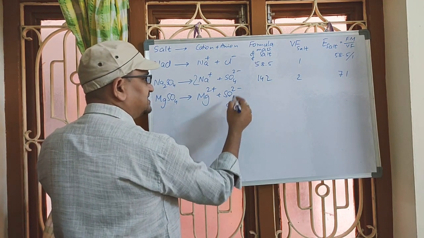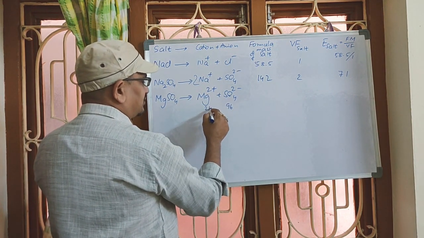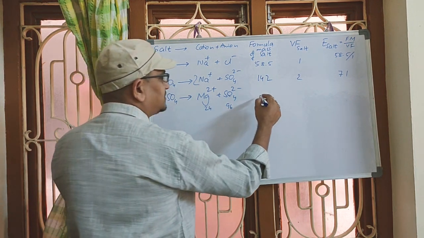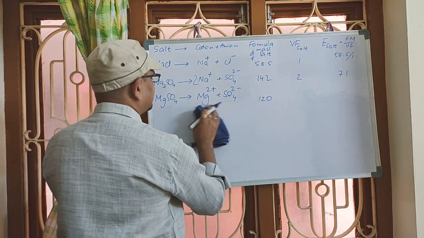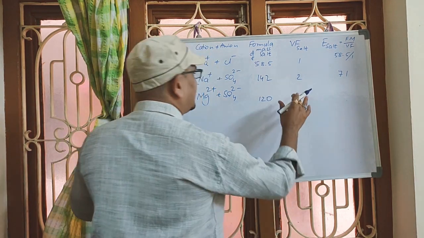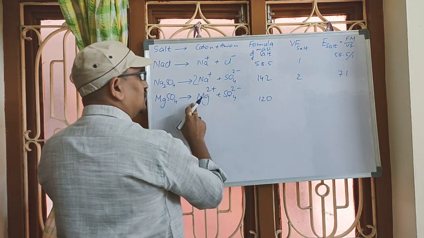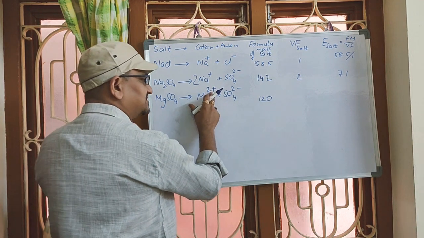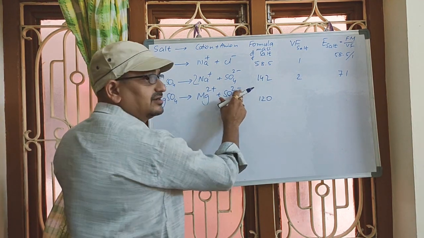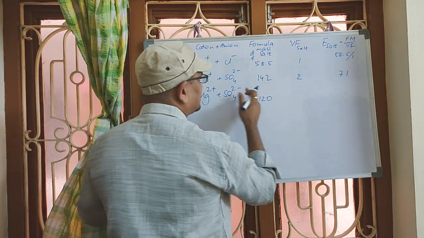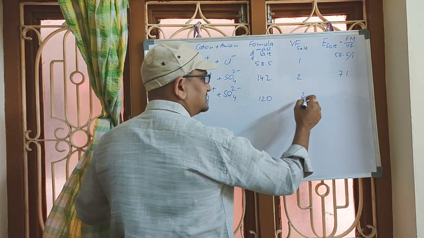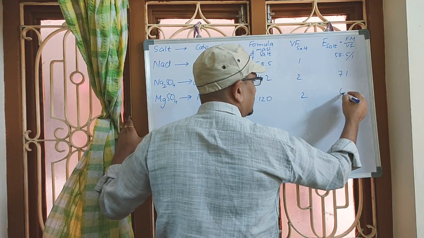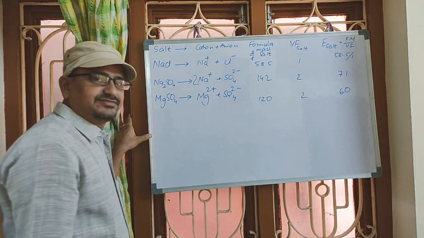You know this is 96, just now we calculated. This is 24. 96 plus 24 is 120. Its formula mass is 120. Now, what is its valency factor? Coefficient into power, 2 plus charges, or coefficient into power, 2 minus charges. Either this or that we have to consider. So, this is the formula mass, this is the valency factor. So, equivalent mass is 60.